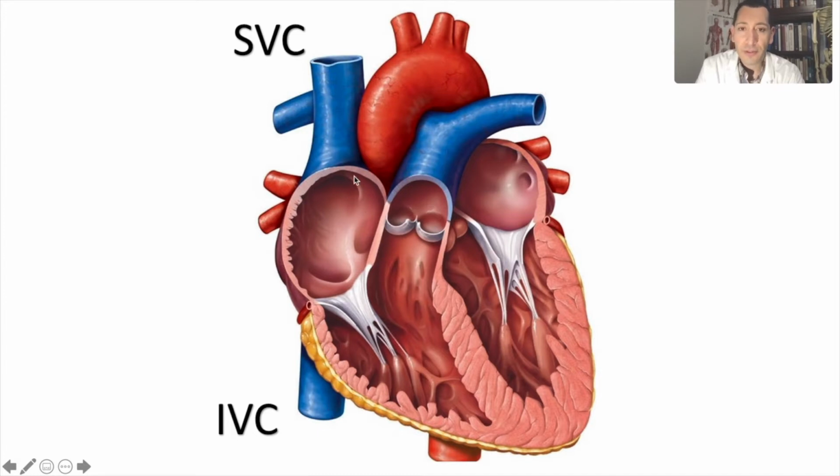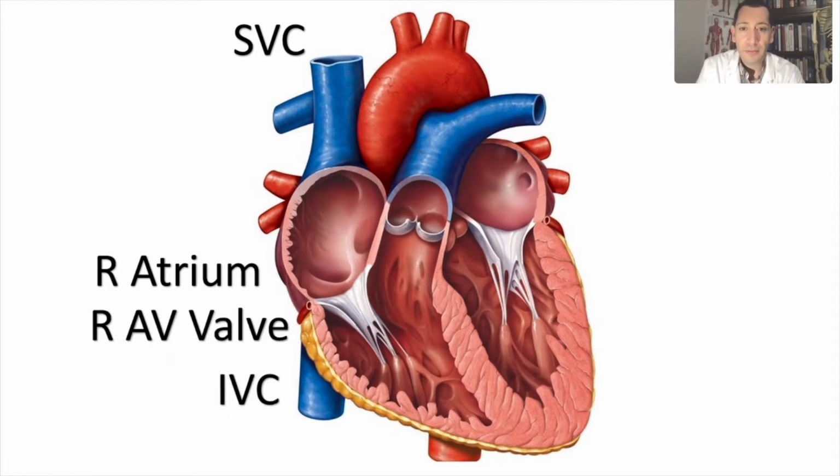Both these bring in blood, and the blood enters the right atrium. That's this first chamber, the first of the four chambers of the heart. And then the blood will move through this valve and into the right ventricle.